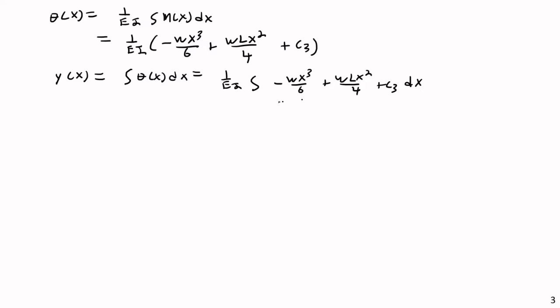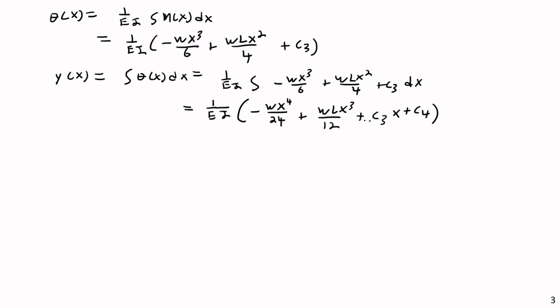And when you take the integral of that, you'll have 1 over EI times negative Wx to the fourth divided by 24 plus WLx to the third divided by 12. Again, just very simple polynomial integration, nice friendly integration, Cal 1 stuff, kid stuff, plus C3x, and then plus C4.